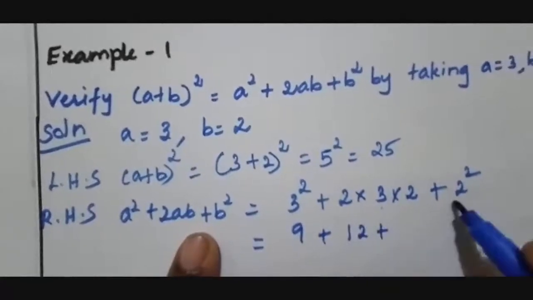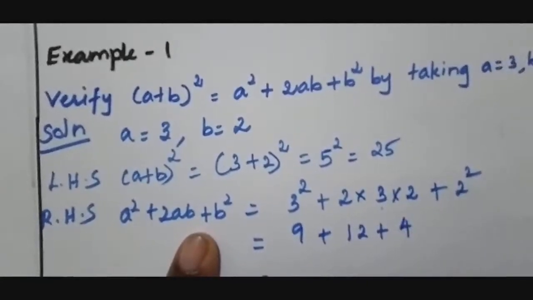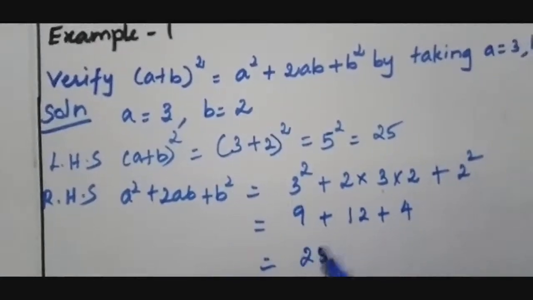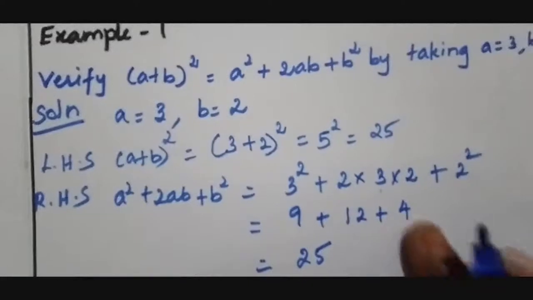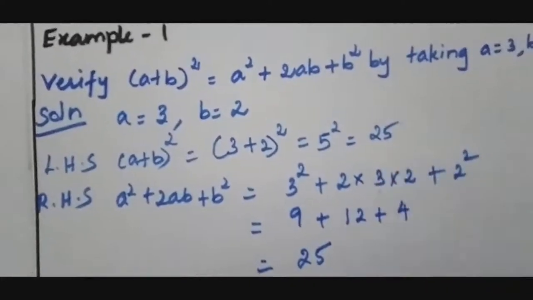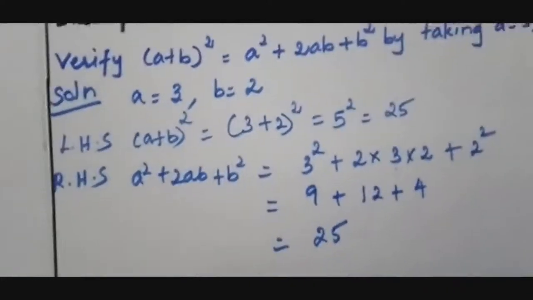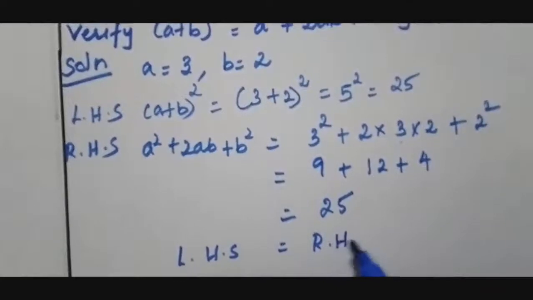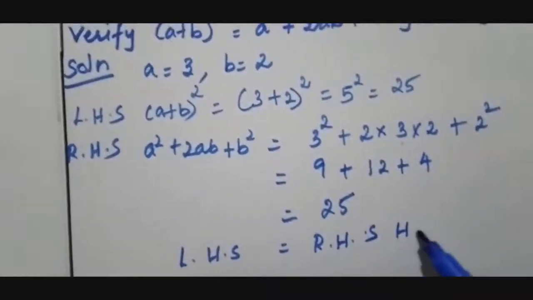The value of 2 square is 4. Now you add the value of 9, 12 and 4, you will get the answer as 25. So you got the answer of LHS also 25 and RHS also 25. So you can write it as LHS is equal to RHS, hence verified.